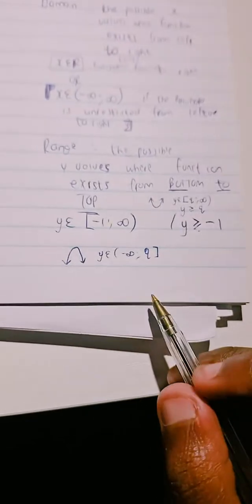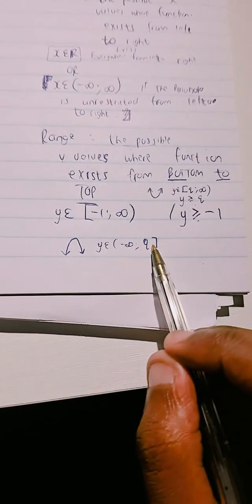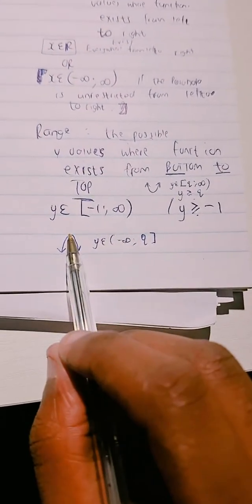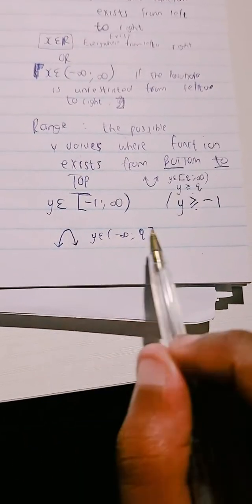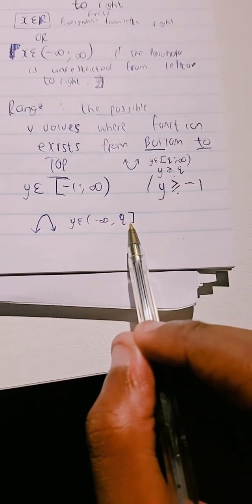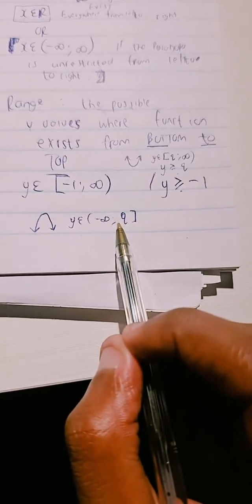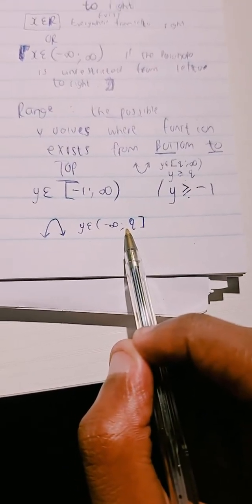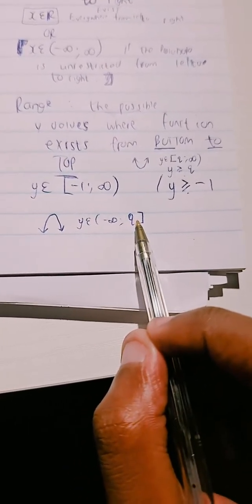So it's (-infinity, q], generally speaking. But if we have the specific y value, then we use the y-coordinate of the y-intercept as the endpoint.